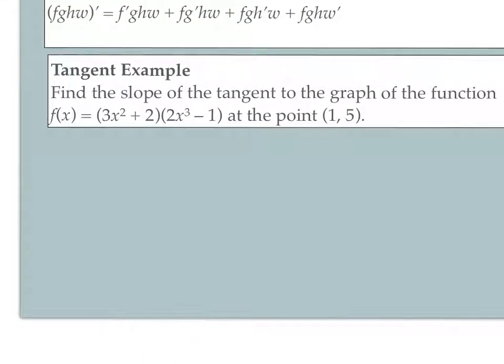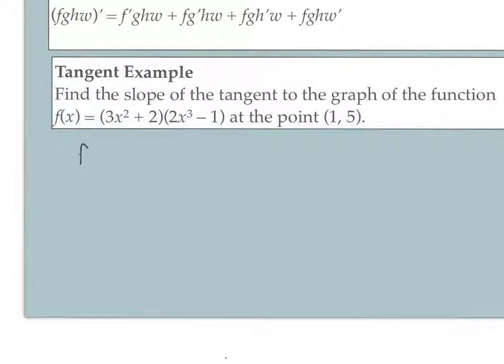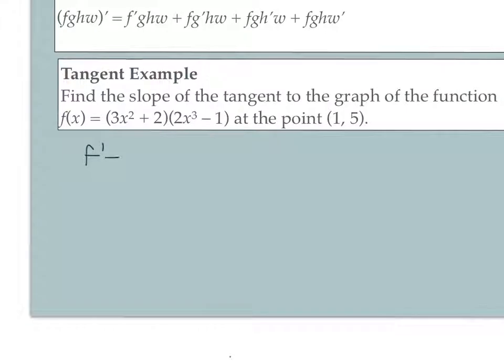So find the slope of the tangent to the graph of the function f. So if I was doing f prime here, I would take the derivative of the first, so that would be 6x, and times it by the second, so 2x cubed minus 1, plus the derivative of the second, which is 6x squared, times 3x squared plus 2.